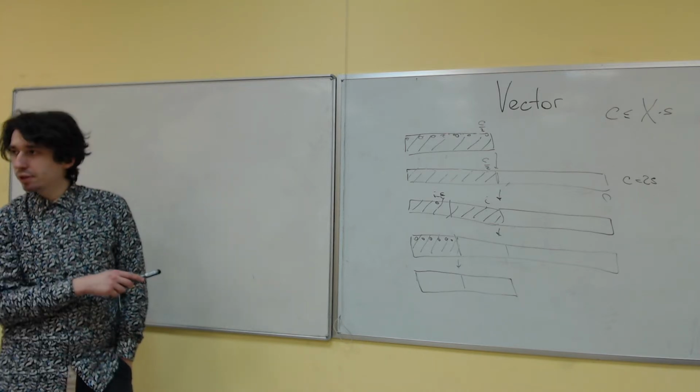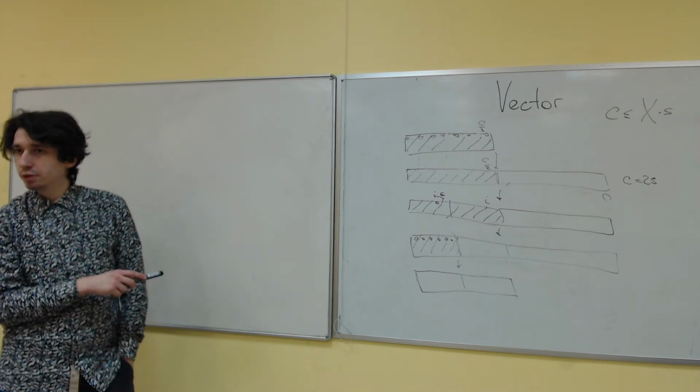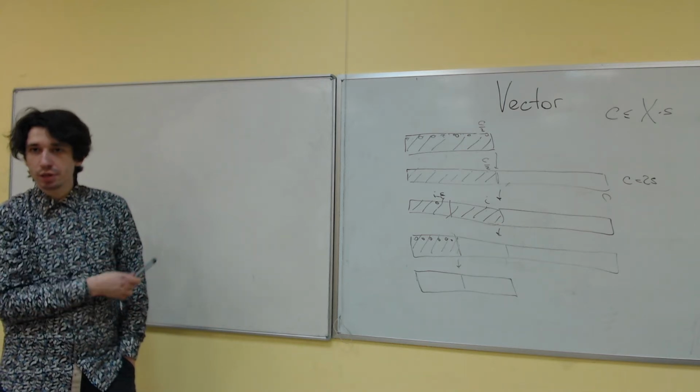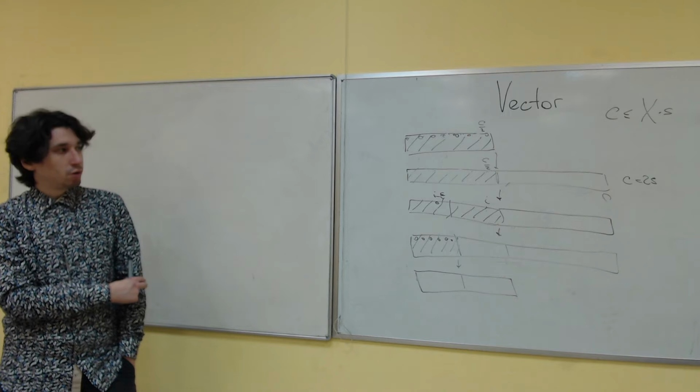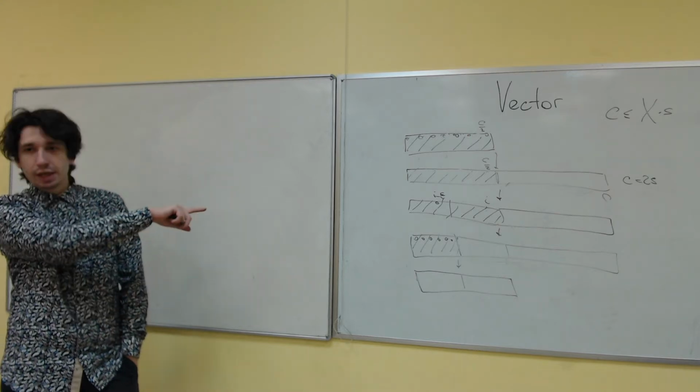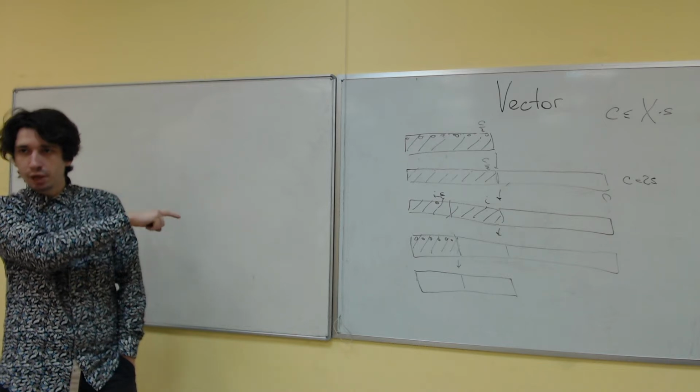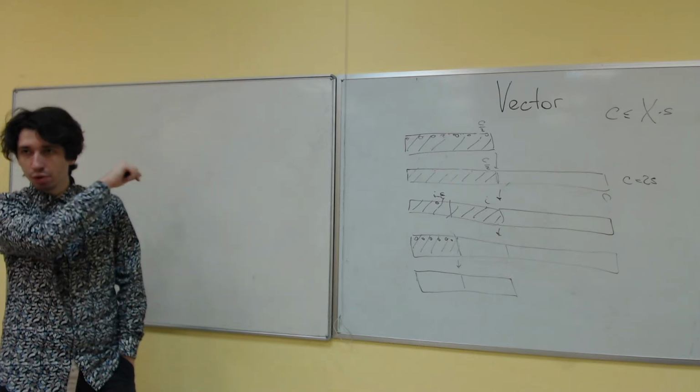Okay, questions about that? Is it clear? How to prove it? Each time we just spend 3 coins again. On deletion it costs kind of 2, because we remove an element and put 1 coin, but previously we put 2 coins.